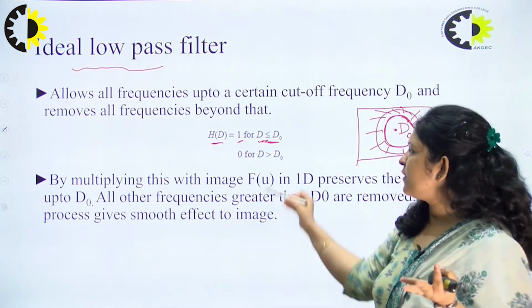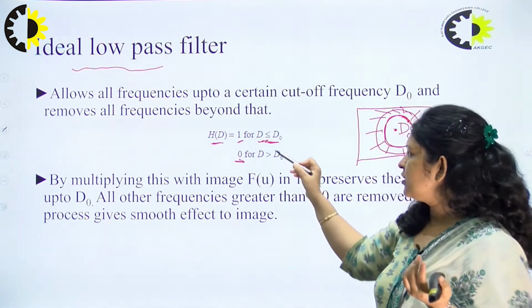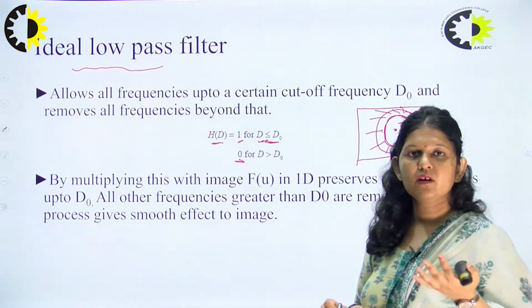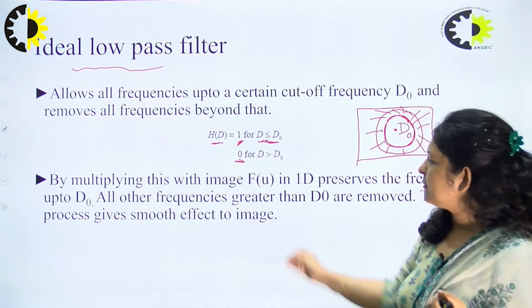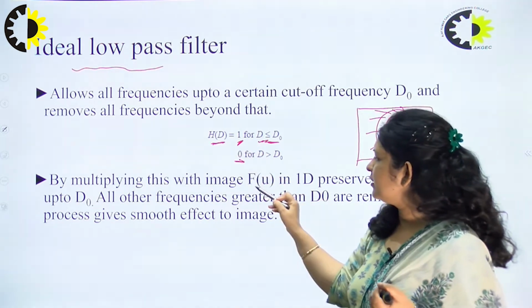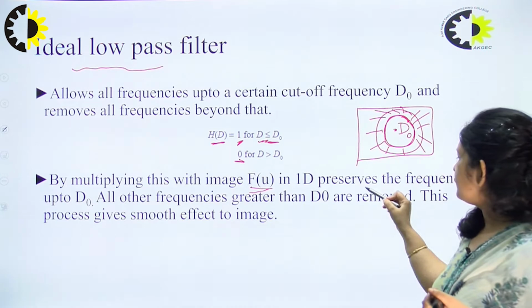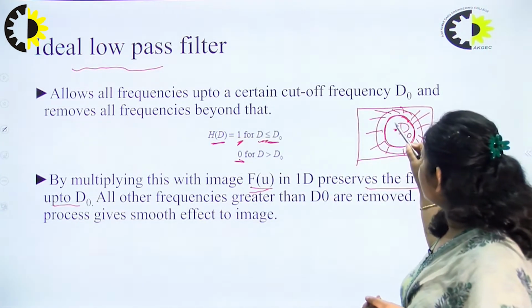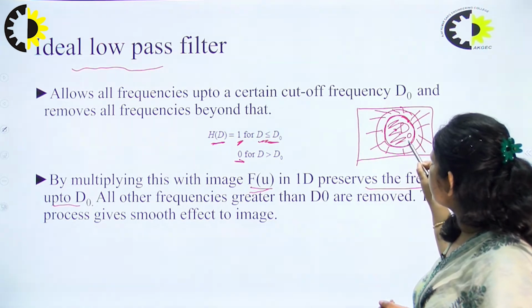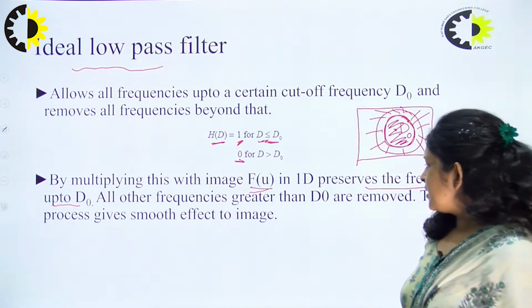Beyond this cutoff frequency value, the filter mask will be 0, and before D0 all the filter mask values are 1. By multiplying this h of D with the image F of u in the frequency domain, one can preserve all the frequencies up to D0. So this entire region would be preserved, and beyond this everything would be removed.